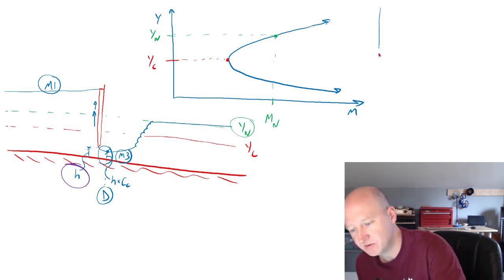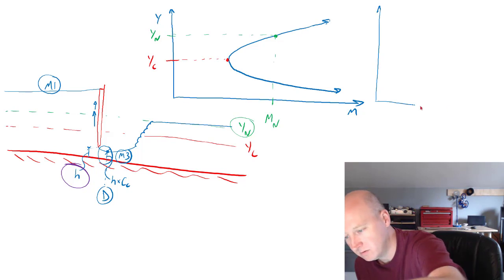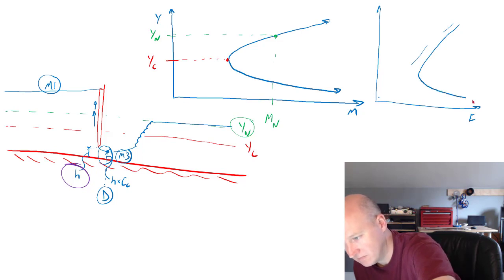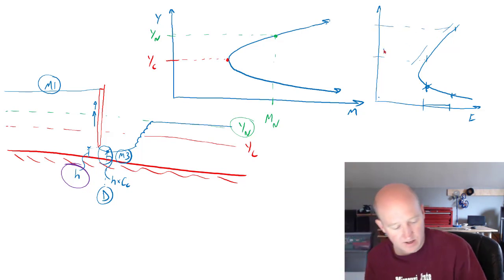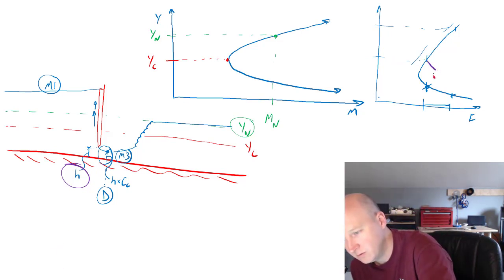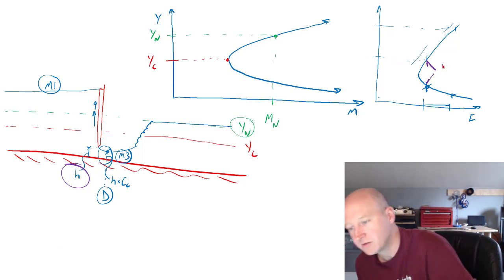We can see that in the specific energy diagram also. As we lower the gate, moving, say, from this point to this point, we increase the energy. That also corresponds with an increase in the depth on the upstream side. Just as a reminder, these two depths are alternate depths.